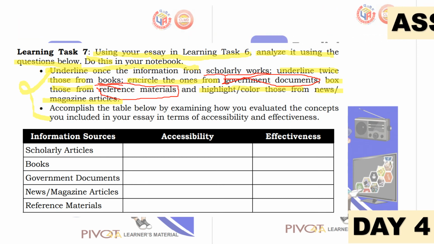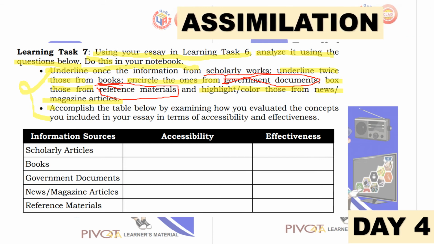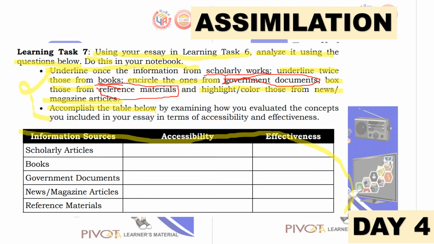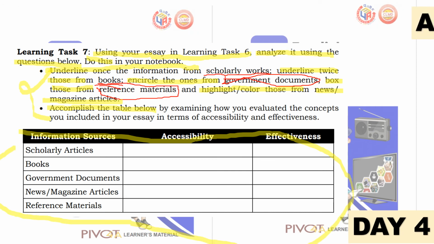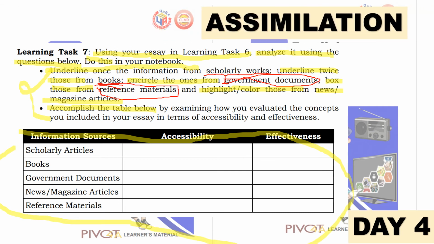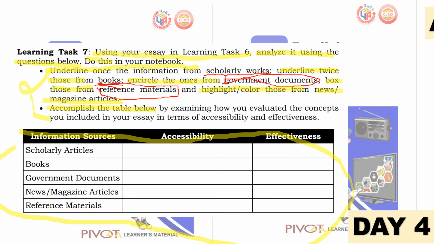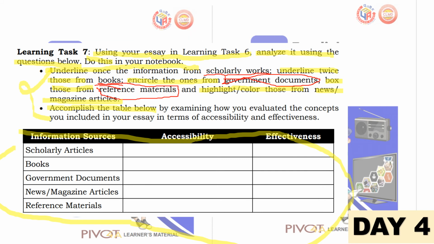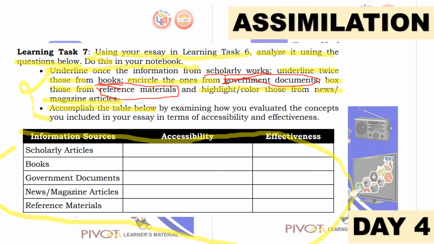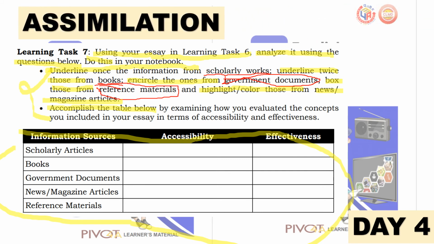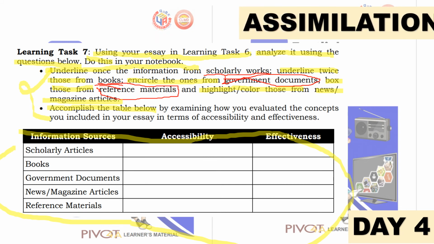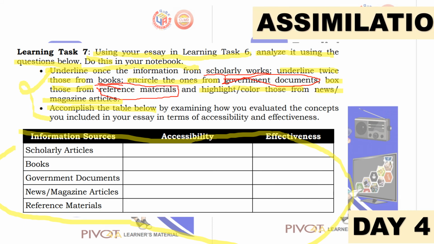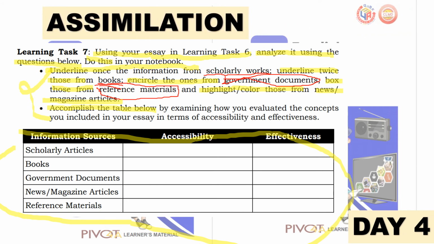Now, second instruction. Accomplish the table below. Here is the table. By examining how you evaluated the concepts you included in your essay in terms of accessibility and effectiveness, you need to go back to your answer sheet in learning task 6. So, you have to analyze.